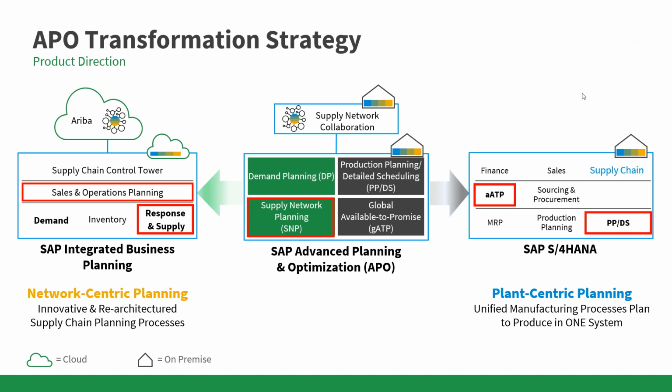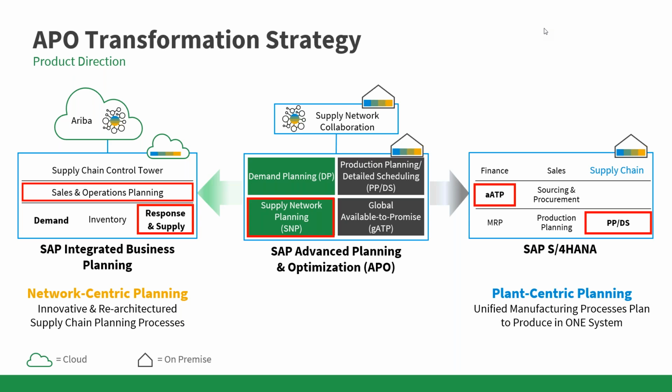Now we are turning to the products on the right-hand side, which are part of the S/4HANA solution landscape. This addresses the topic of production planning and detailed scheduling, which some of you know from the PPDS component in APO, but also available to promise, a key element of our classic solution stack in APO, and how we develop them further in the S/4HANA environment.